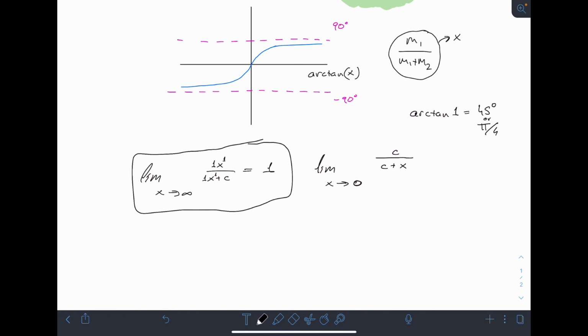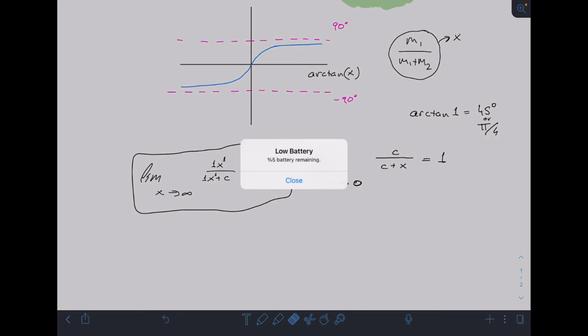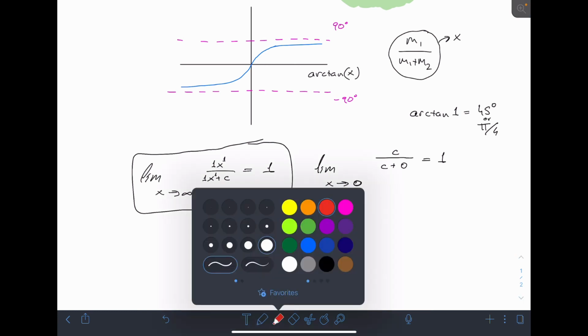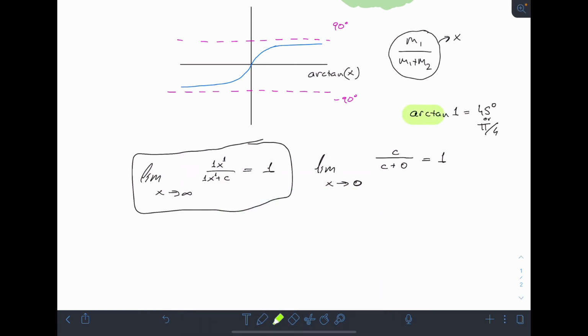The answer is still 1. If we just put 0 where we have the x, we would get c over c, which is again 1. So again, arctan 1 equals 45 degrees. So the largest angle we can get here is 45 degrees for this system.